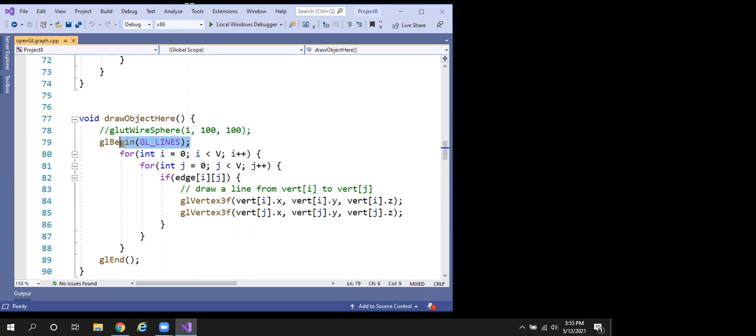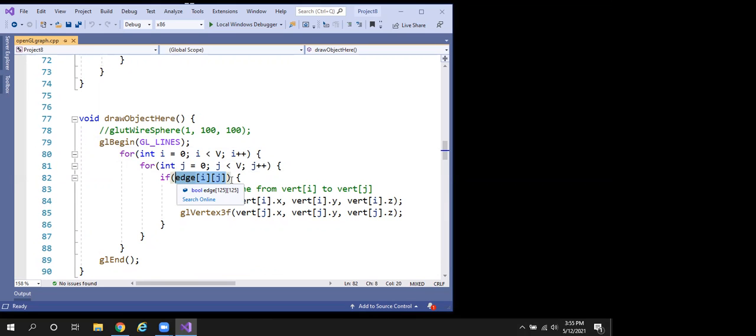I'm going to be drawing lines this time. So what I'm going to do is go through in both dimensions from 0 to V through my adjacency matrix, my edge matrix, okay?